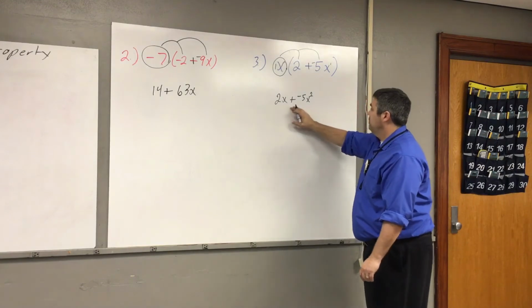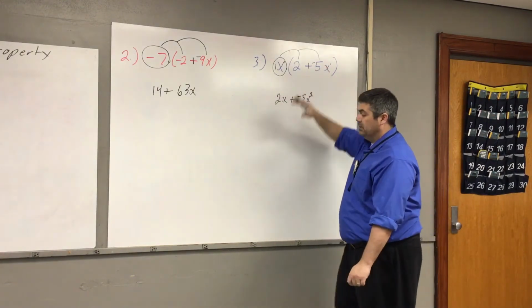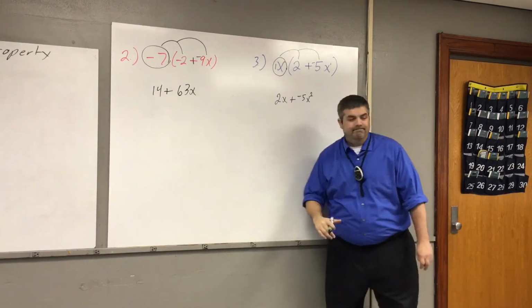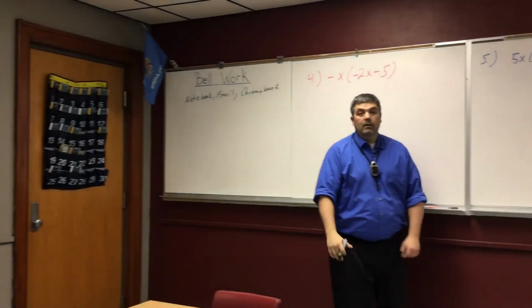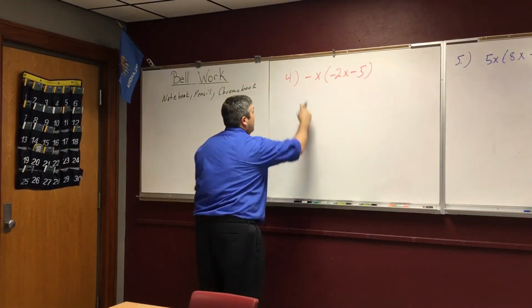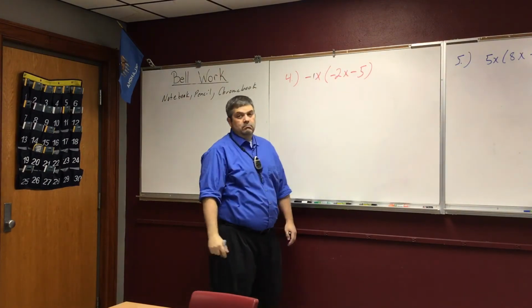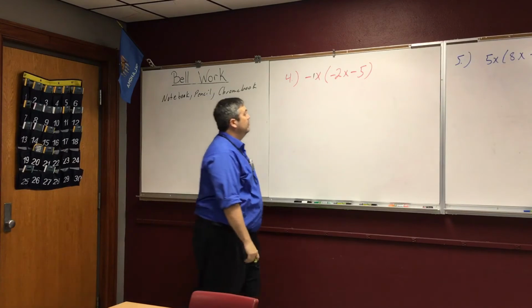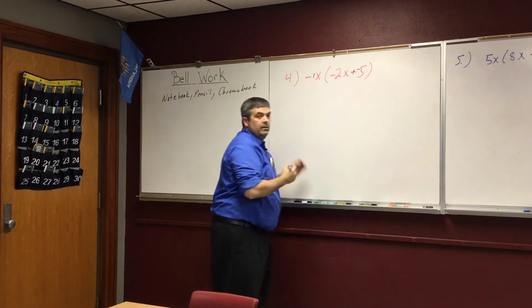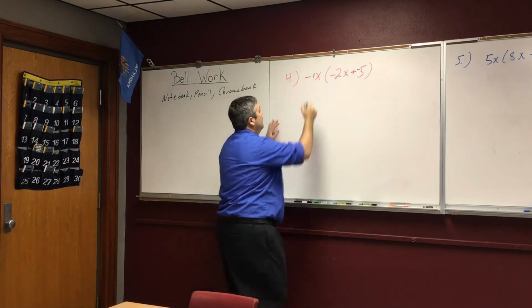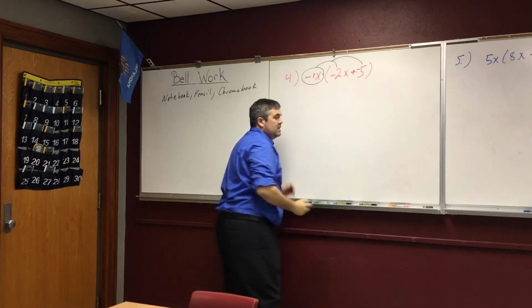All right, so 2x plus negative 5x squared. You're going to see a whole bunch of these, so pay attention to them and watch them. Exponent rules. Same thing here. The only difference is that now I've got a negative x. Well, what I really have is a negative 1x. No big deal though. We're going to go through, same thing. Take this, multiply it times each term inside of those parentheses.